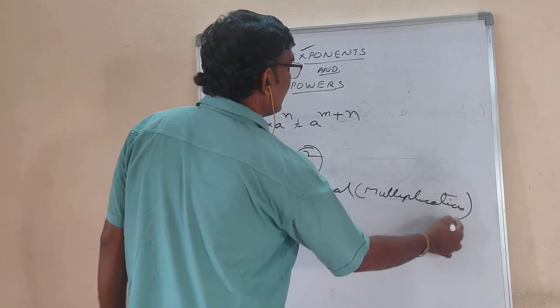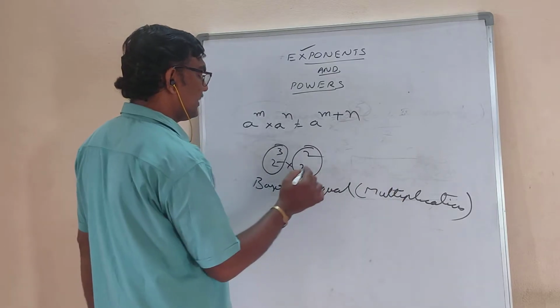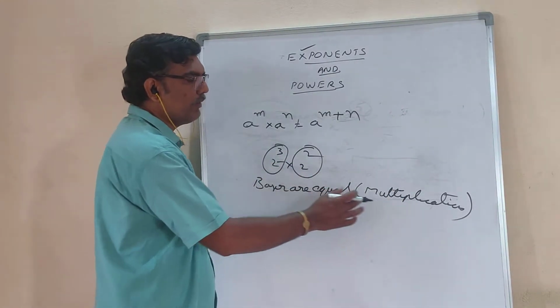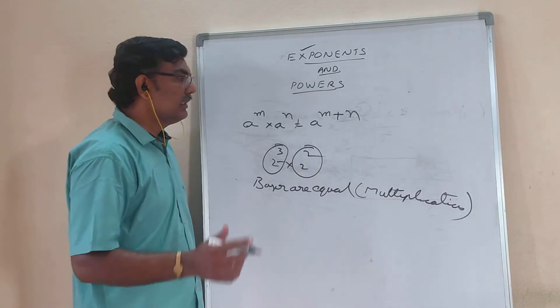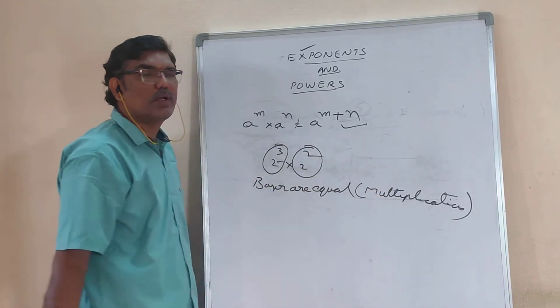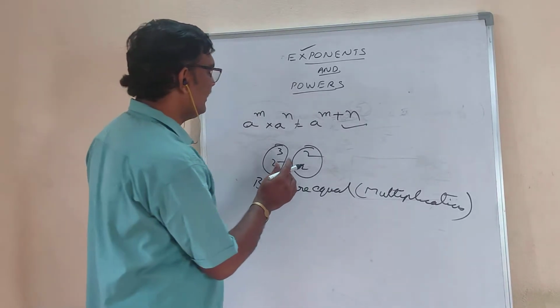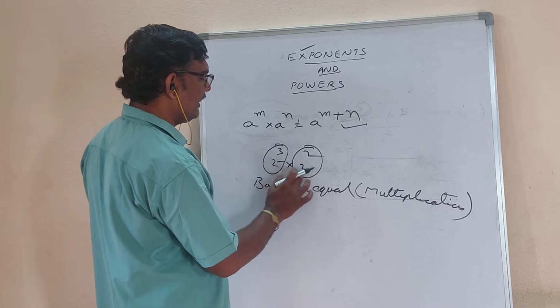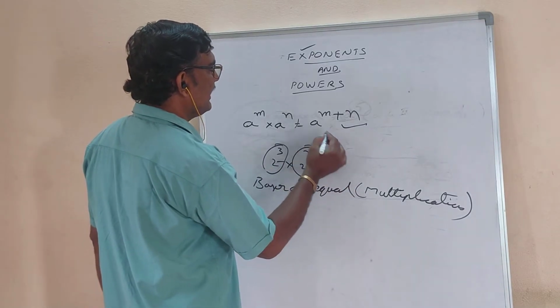Multiplication symbol. See, must and should, bases must be the same, and the symbol in between should be multiplication. Then only you can apply this formula. Now, in place of a and a, what do you have here? 2. So here a is 2.